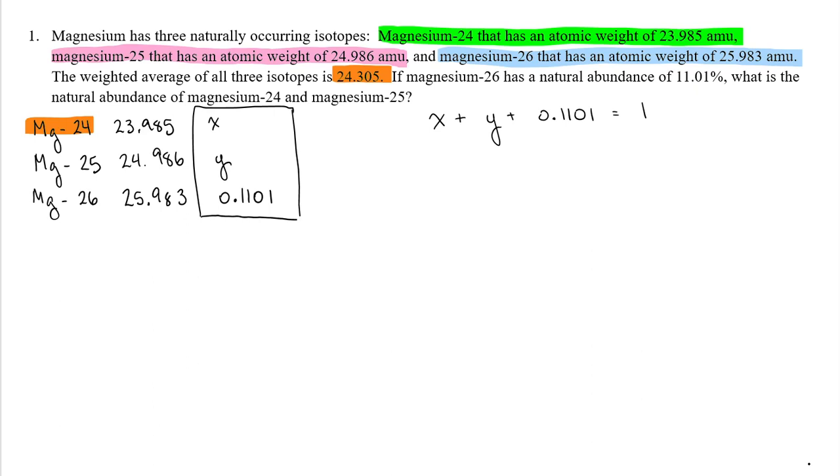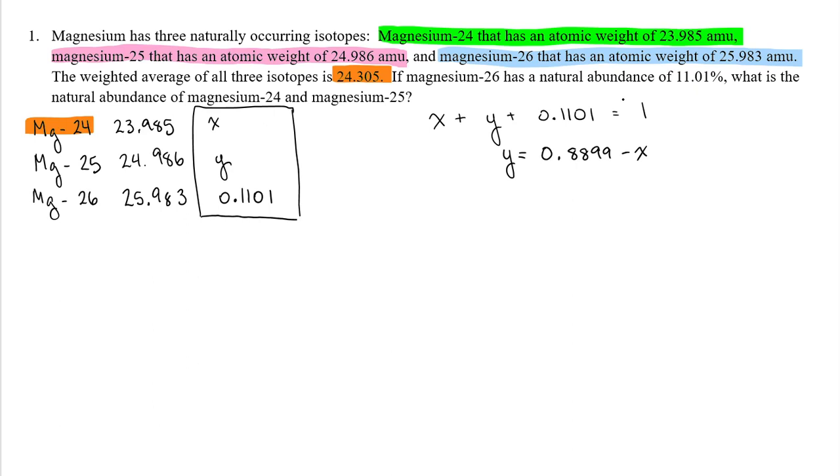It's not just X plus Y equals 1. That's only if there's 2. Since we have 3 naturally occurring isotopes, X plus Y plus 0.1101 equals 1. I'm going to go ahead and solve for Y here so that when I write my other equation I can plug it in. So subtract the 0.1101 from both sides, subtract X from both sides, and you get Y is equal to 0.8899 minus X. So that's my one equation.